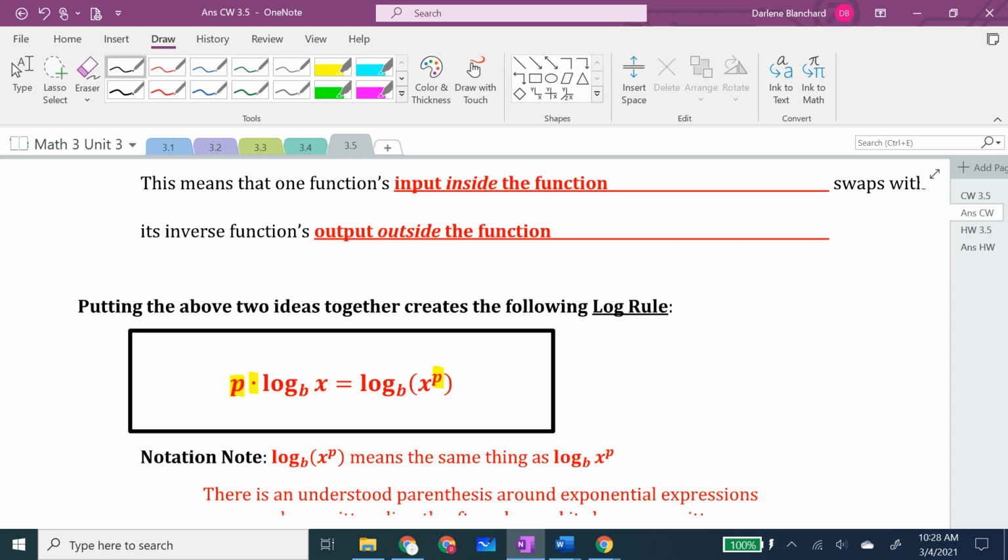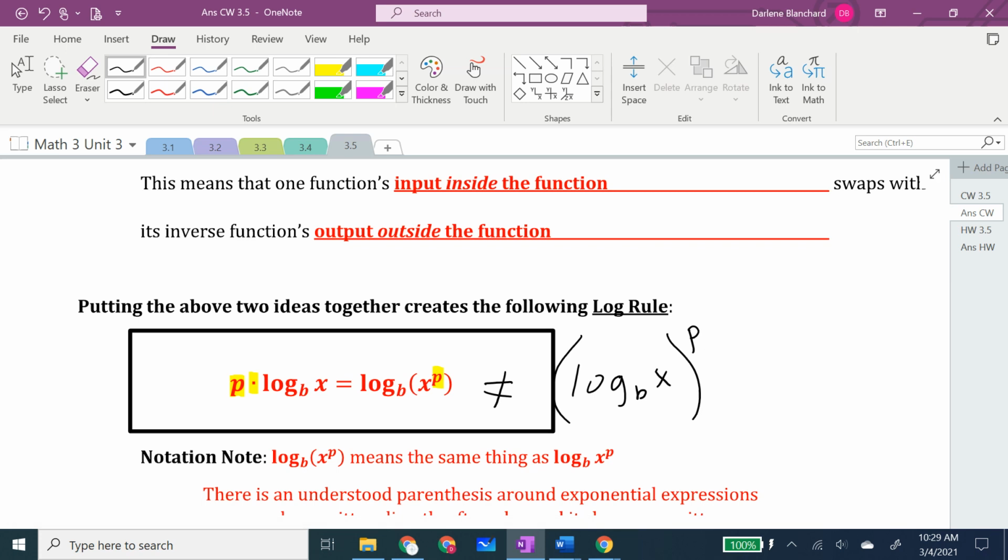Understand that this is different from this. What I just wrote down, that's an exponentiation outside the logarithm.